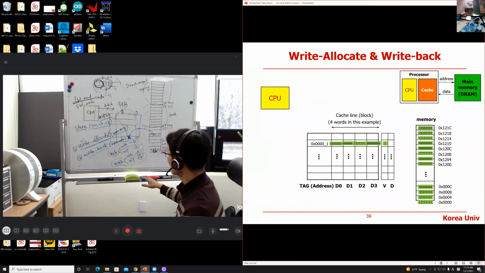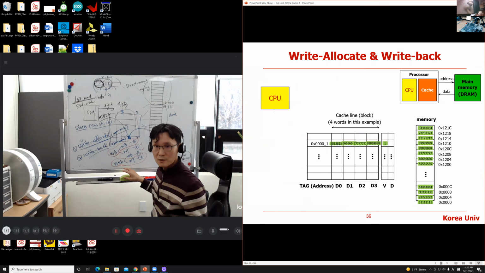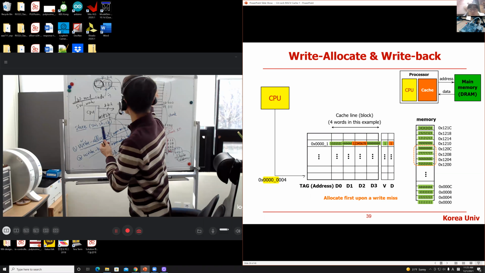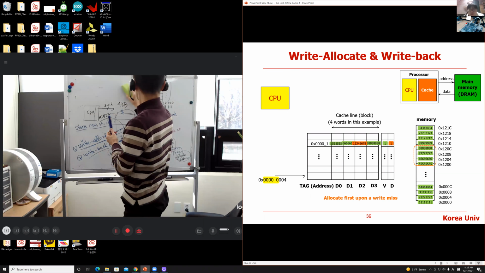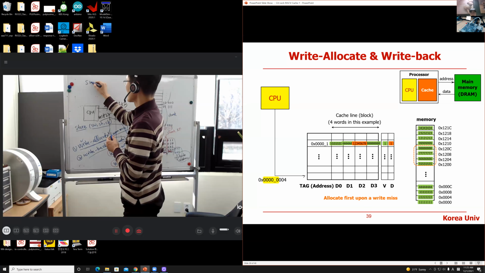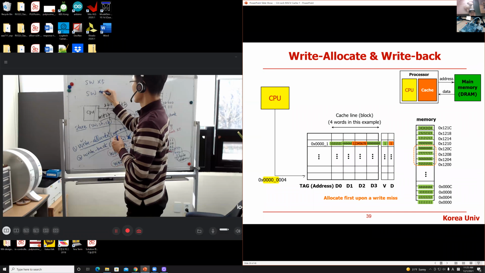Here we are assuming the CPU is executing two store instructions. Let me hook up X6.